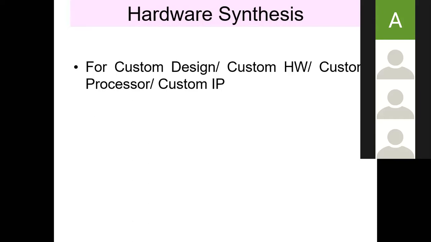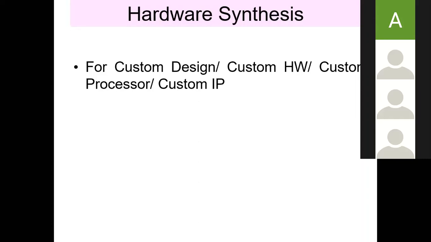So hardware synthesis is the generation of corresponding RTL specification for these processors from the specification, which may be written in some modeling languages or high level languages. That is what we call hardware synthesis. Is it clear? Yes, sir.